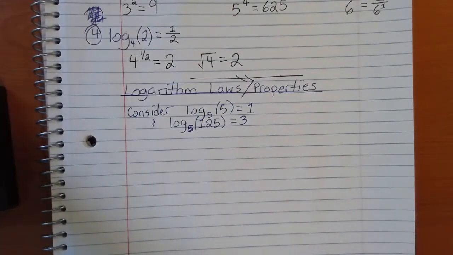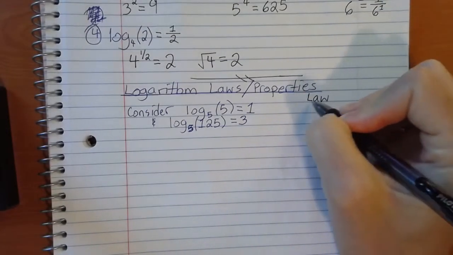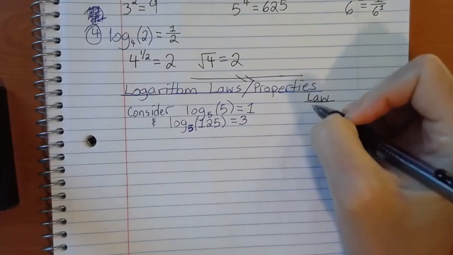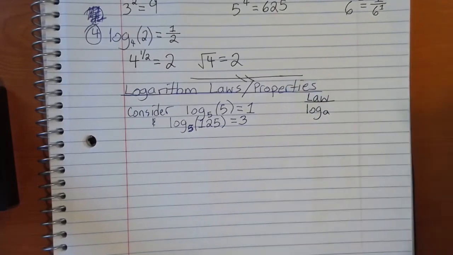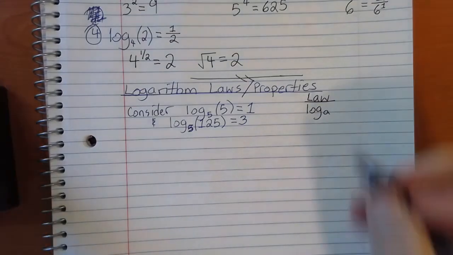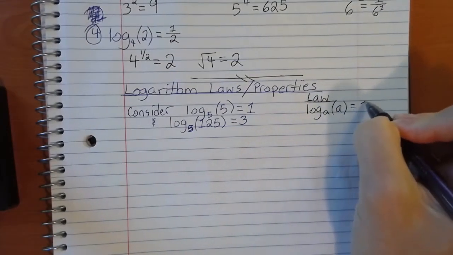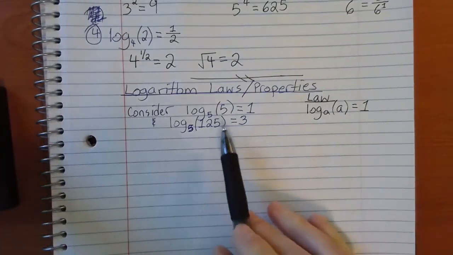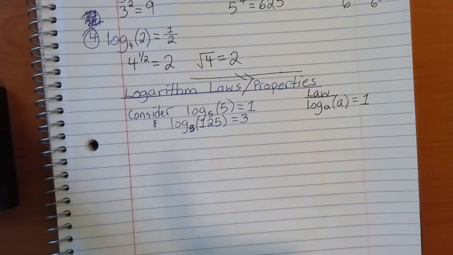So if we look over here, we're going to write out our laws. Our law number 1 is that log of any base we want, A, of the same number is always going to equal 1. Just like how we saw that log base 5 of 5 is equal to 1.